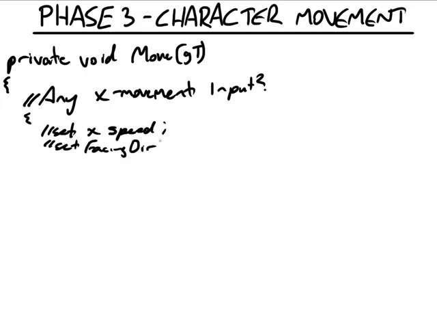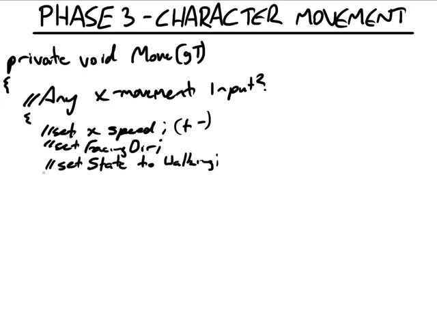Set facing dir. Facing dir could be left or right, depending on which way we've pushed our stick or our keyboard button, I should say, if we press left or right. And our speed could be plus or minus as well. There we go. And we need to set ourselves to walking. State to walking.